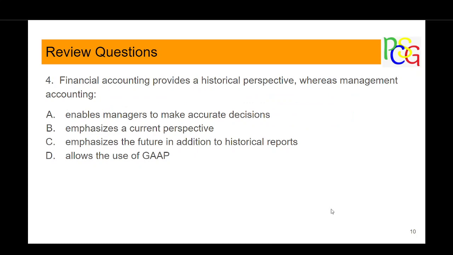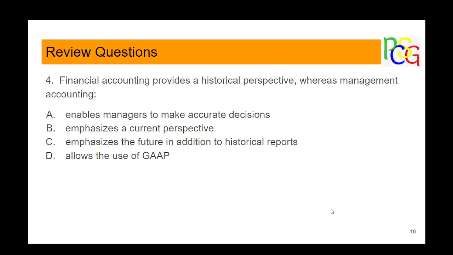So number 4, I have that financial accounting provides a historical perspective, whereas management accounting, and we have 4 options. A, enables managers to make accurate decisions. B, emphasizes a current perspective. C, emphasizes the future in addition to historical reports. And D, allows the use of GAAP.